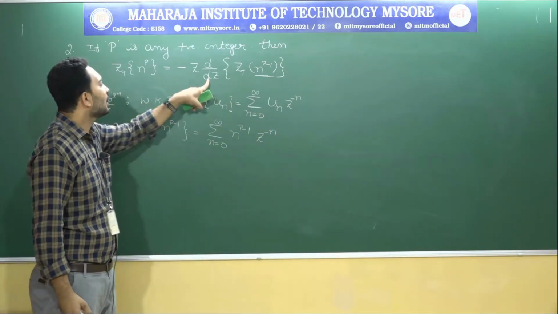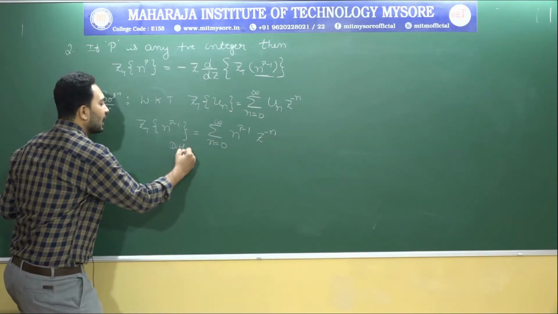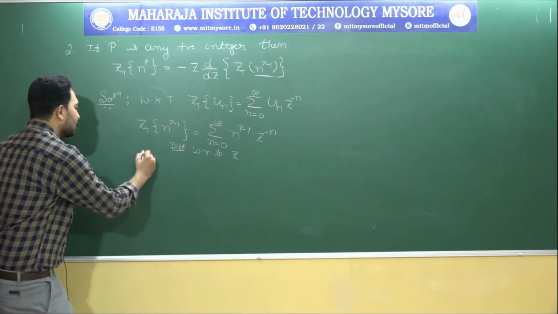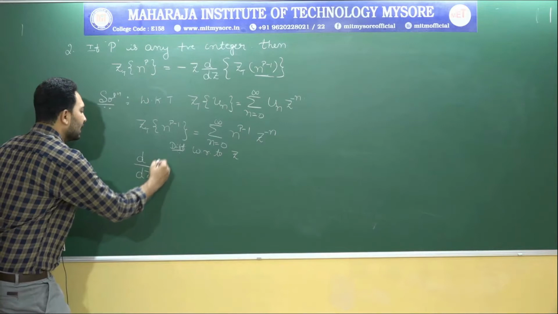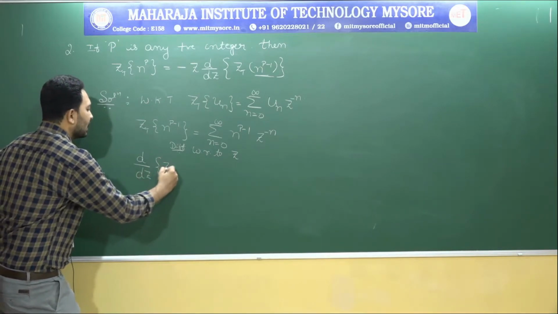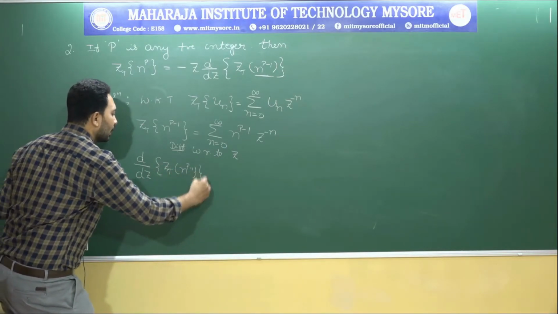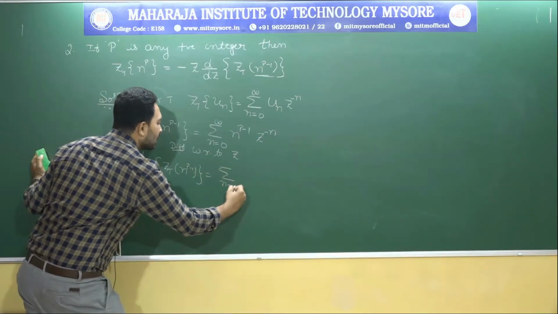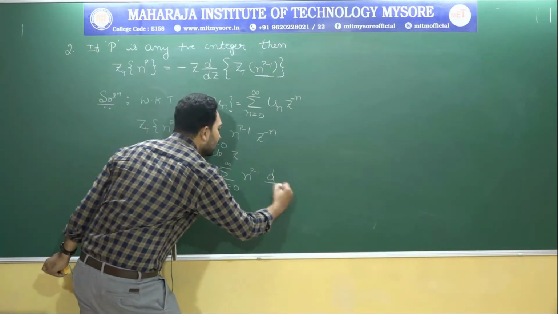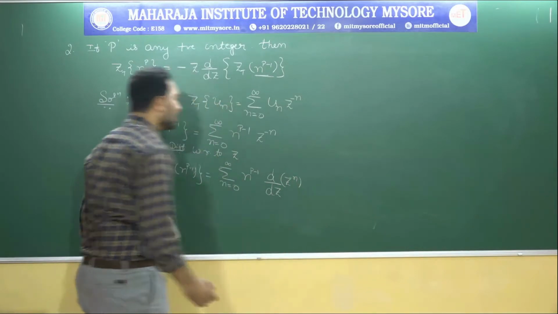Next we need to differentiate this with respect to z. So differentiate with respect to z. This becomes d by dz of z transformation of n power p minus 1 equals summation n equals 0 to infinity, here n power p minus 1 is constant, we need to differentiate z power minus n with respect to z.